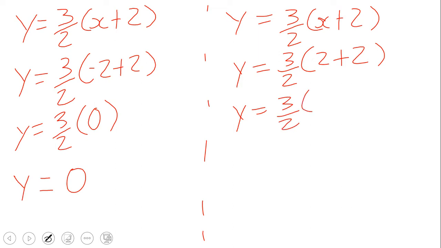What is 2 plus 2? 4. And what is 3 times 4? 12. Very good. So it's going to be 12 over 2. What is 12 over 2? I'm confused.